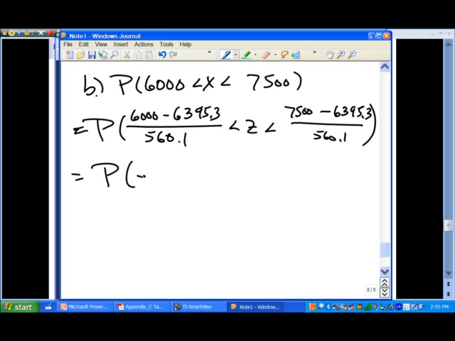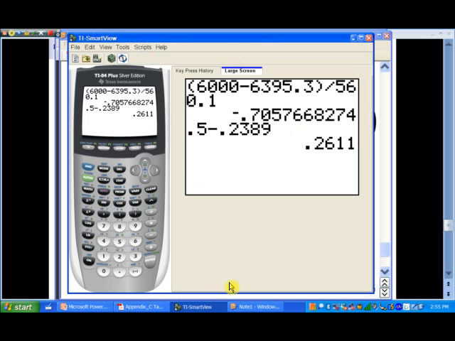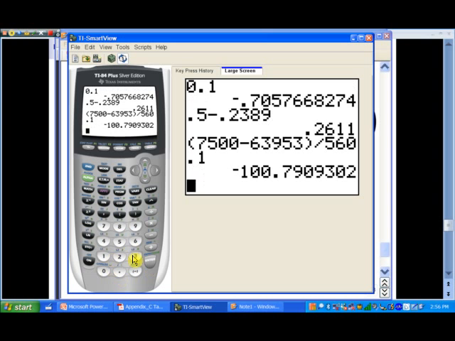We already figured out the z-score when we put in 6,000. It's negative 0.71. But now we need to find it for the upper value here. So let's go ahead and do that now. So that would be 7,500 minus 6,395.3 divided by 560.1.